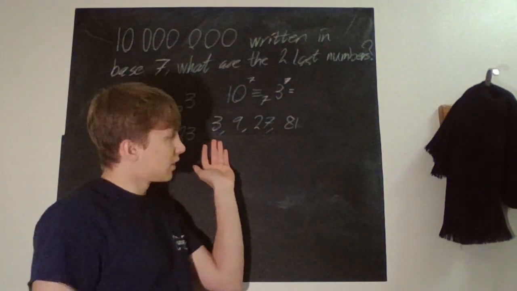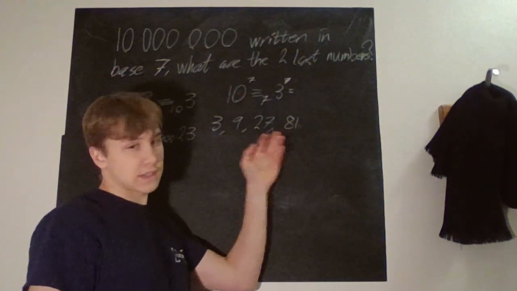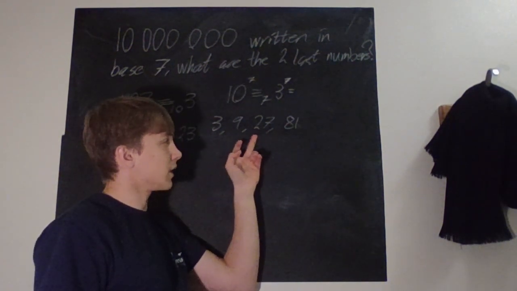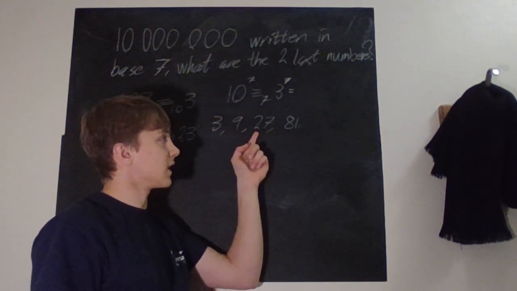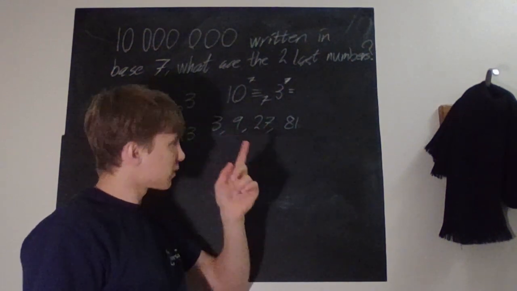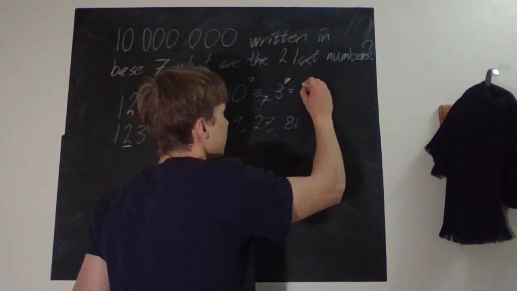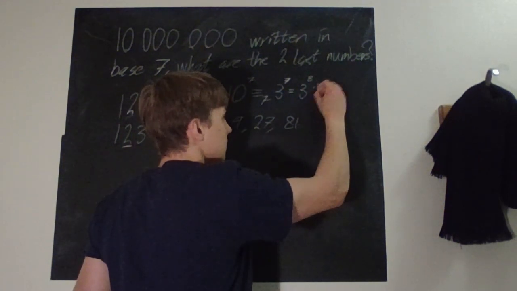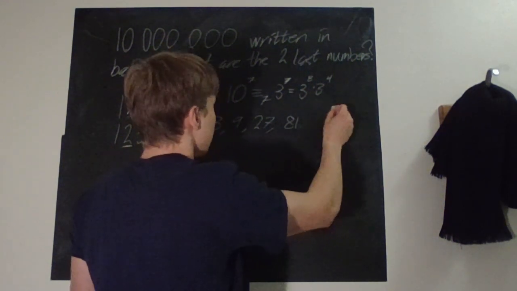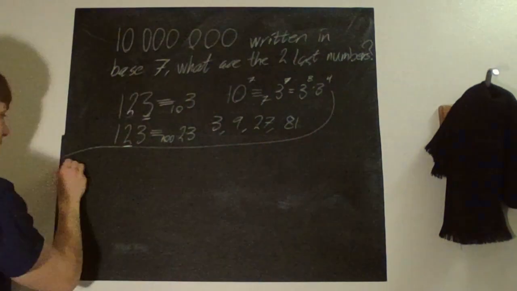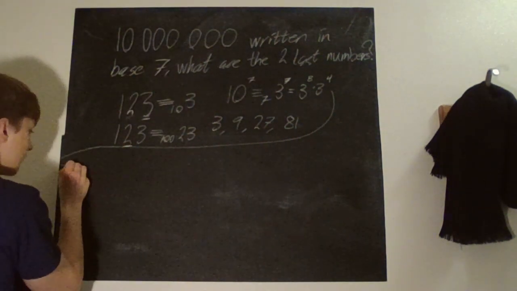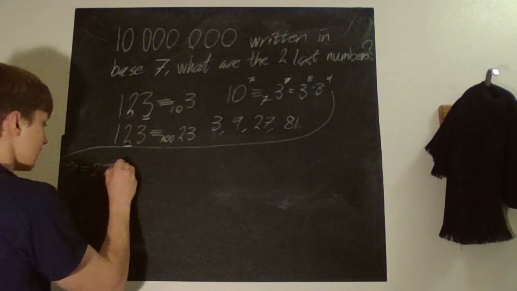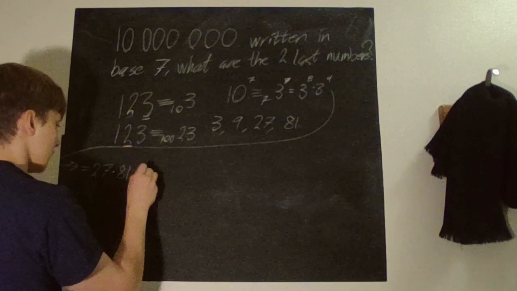Do we have any number here that's really close to being a multiple of 7? Well, yes, this thing here, that's 28 minus 1. So this is 3 times 3 to the power of 3 times 3 to the power of 4, which is 27 times 81.